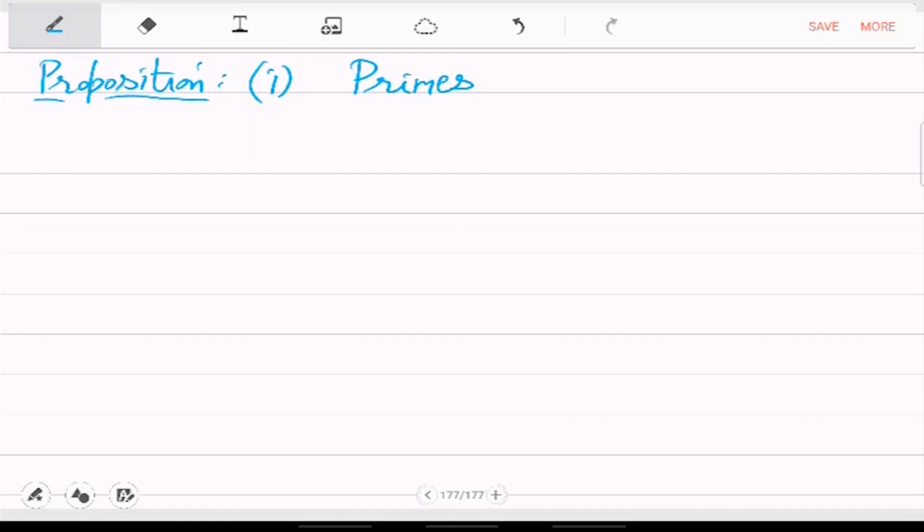So PRIMES is in co-RP by the earlier algorithm. That's actually a co-RP algorithm: no errors on yes, and on no there may be errors.